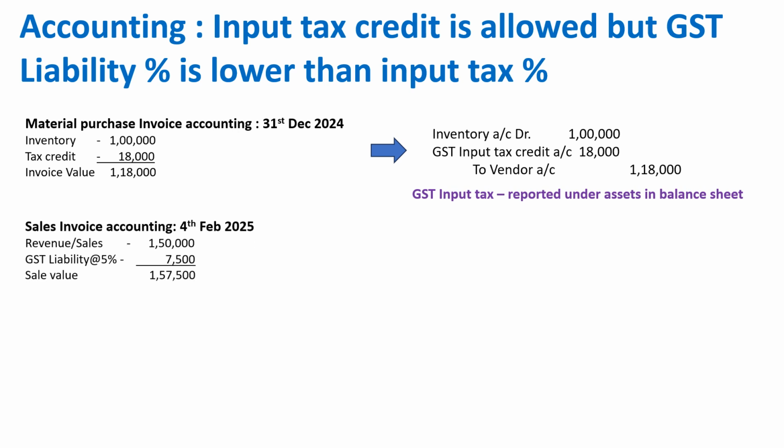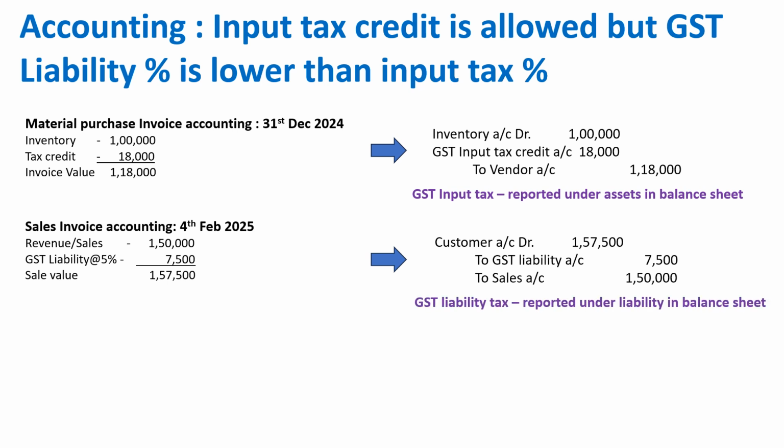The second entry is the same, revenue 1,50,000, but here the GST liability has been reduced to 5%. So what is the accounting entry here? Customer account debited 1,57,500, to GST liability 7,500, to sales 1,50,000. So GST liability will be reported as a liability in the balance sheet.